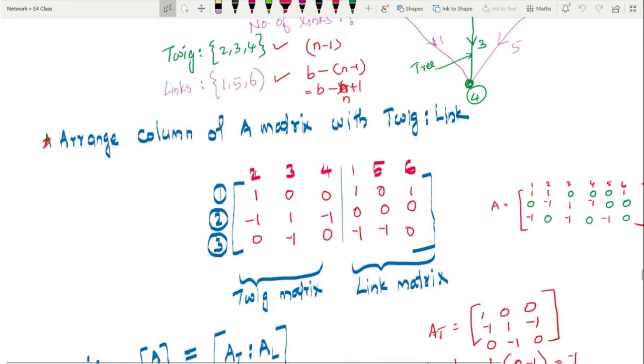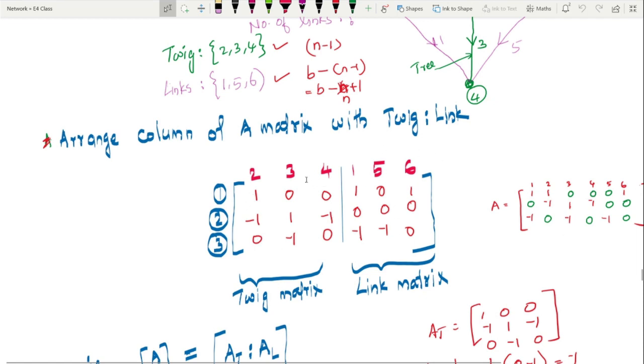So the second column entry comes as the first column in this arrangement. Similarly, the third entry is copied over here, then the fourth column entry is copied over here, then the first column entry comes here. The fifth and sixth are retained as such.